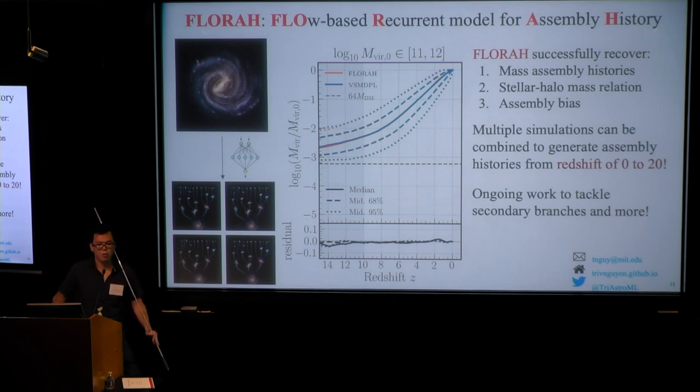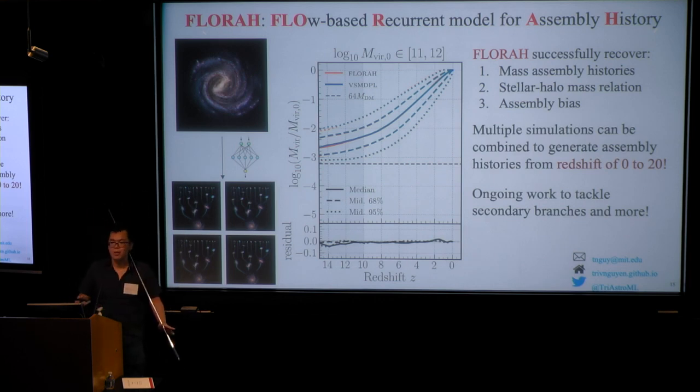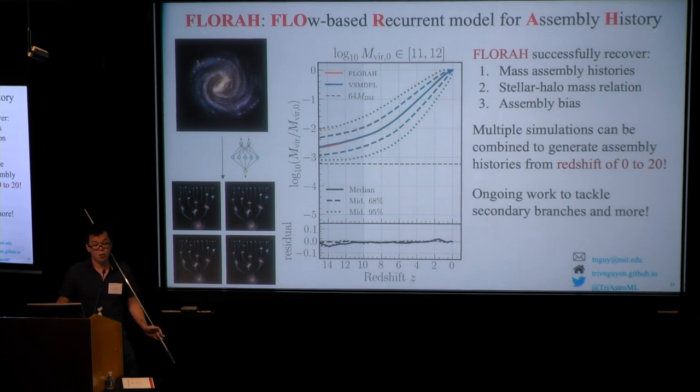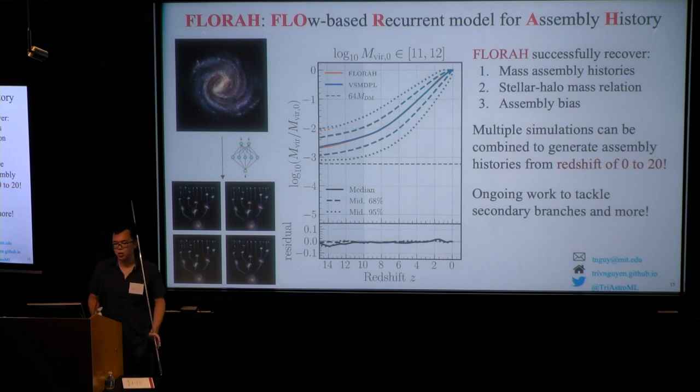By combining multiple simulations, we are able to generate from z equal to 0 to z equal to 20 with sufficient resolution. We have ongoing work to tackle generation of the secondary branch, as well as to condition Flora on different cosmologies to study the cosmological dependence of galaxy merger trees. Thank you, and I will take any questions.